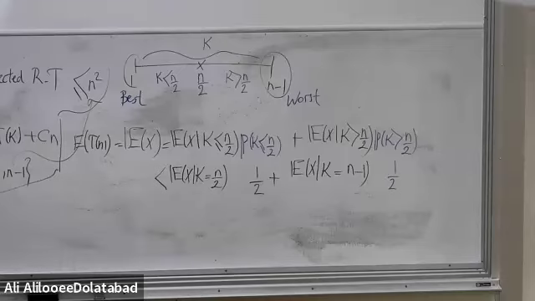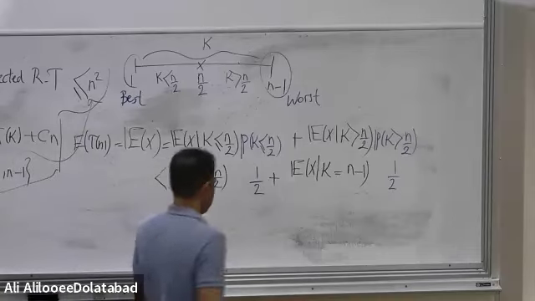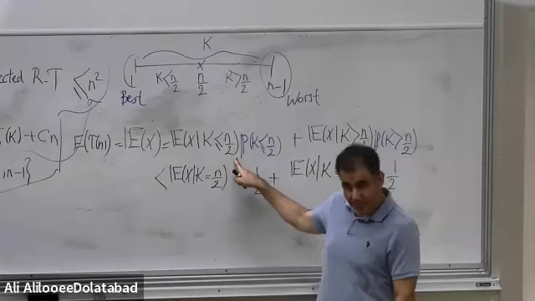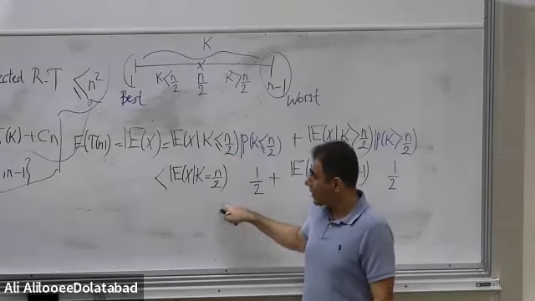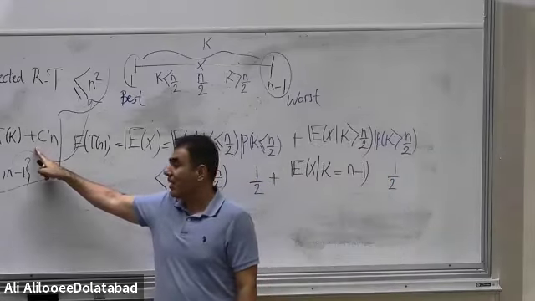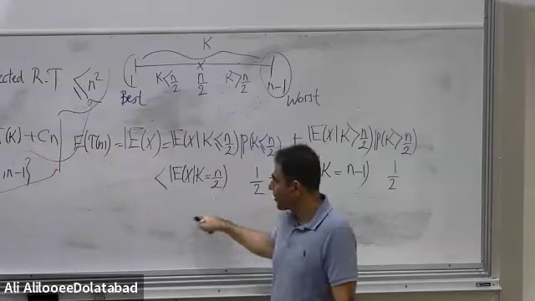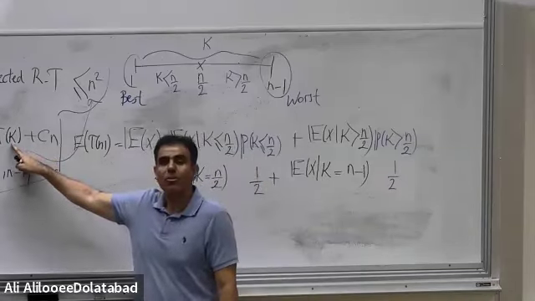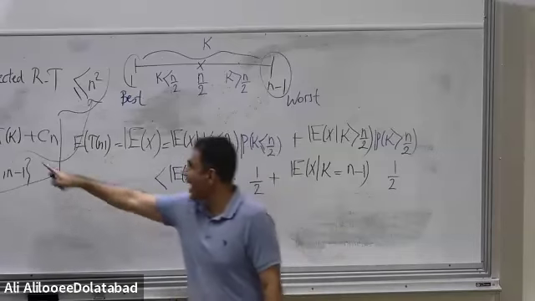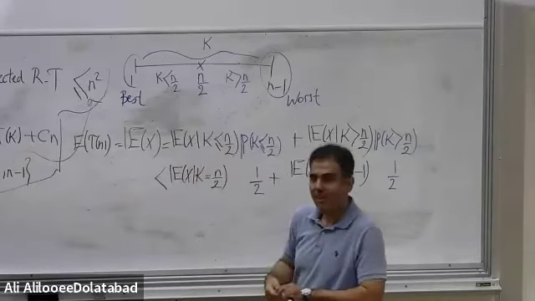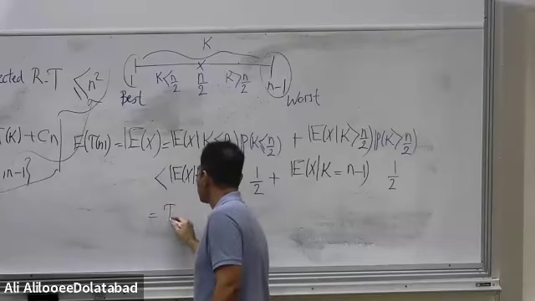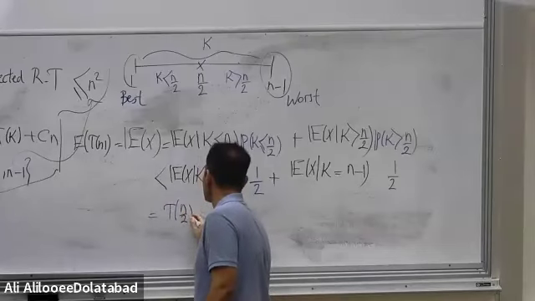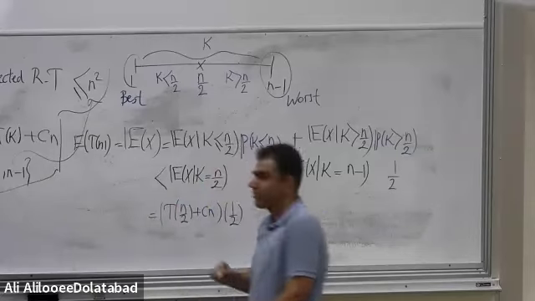Okay, any questions, any comments? Someone can say, is this guy easier than this? Yes. Why? Because you have this recurrence here. This expectation is this recurrence at n over 2. Then the only thing that I need to do is to replace k in this recurrence with n over 2. Okay, let's do it. Then you have T at n over 2 plus cn times 1/2.